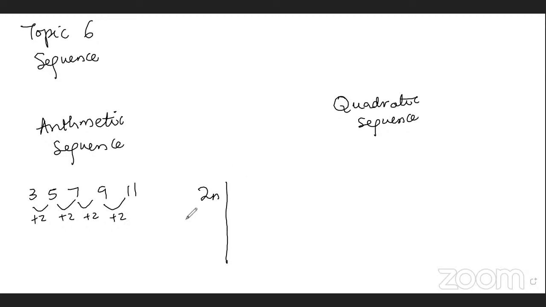Have a look. The first term there is 3. When n is equal to 1, it's 2 times 1 is 2, but the first term is 3, so it's 2n plus 1 to make 3, yeah? And the second, when n is 2, 2n is meant to be 4, but then you have 5, so it's 2n plus 1. So then you got the nth term to be 2n plus 1.